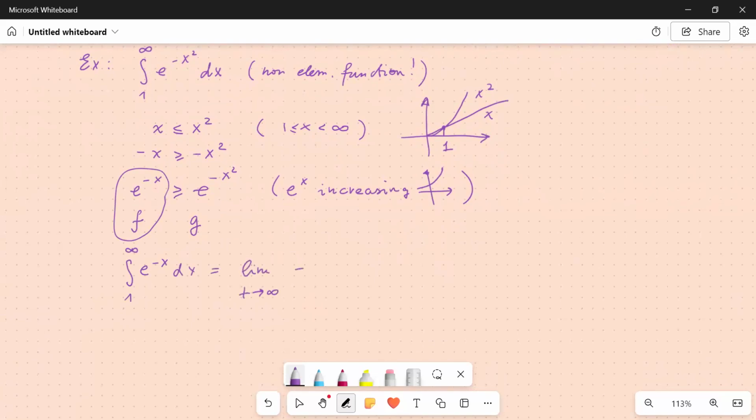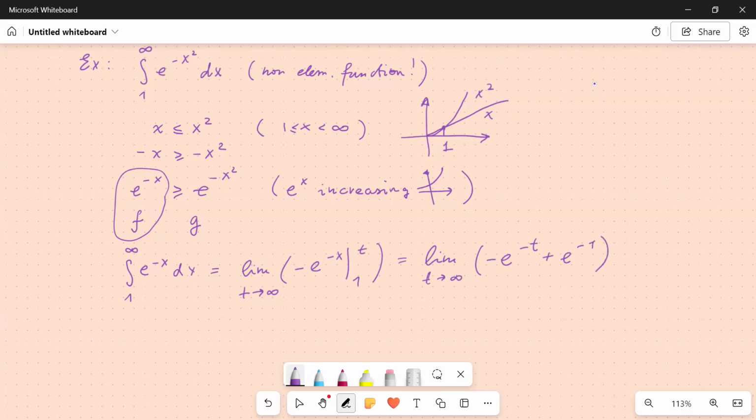I can integrate e to the power of negative x. It's e to the power of negative x. Remember that when you differentiate an exponential, you get the exponential. Substituting 1 and t, it's going to be the limit as t approaches infinity of minus e to the power of negative t plus e to the power of negative 1.